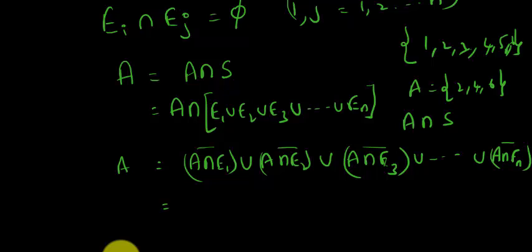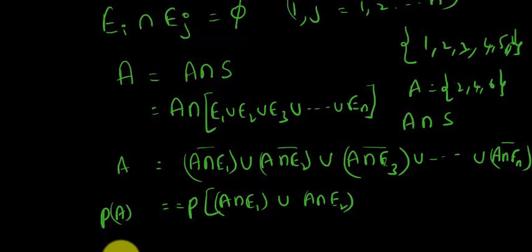Okay. Now let's go on. So what is the probability of A? The probability of A is going to be the probability of A intersection E1 union A intersection E2 union A intersection E3 union goes on till union A intersection En.